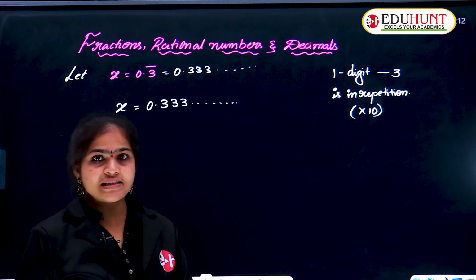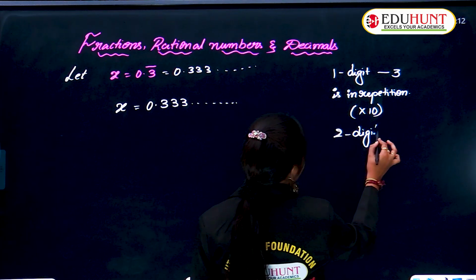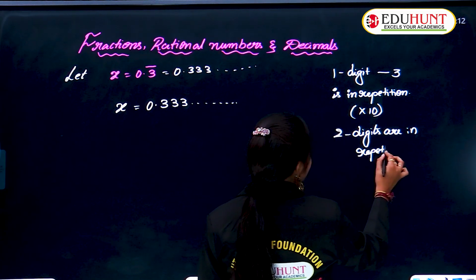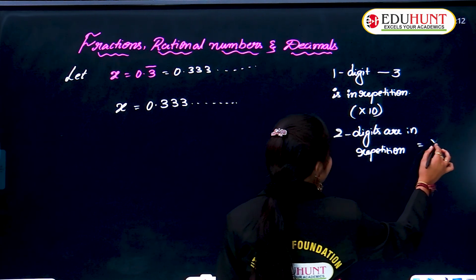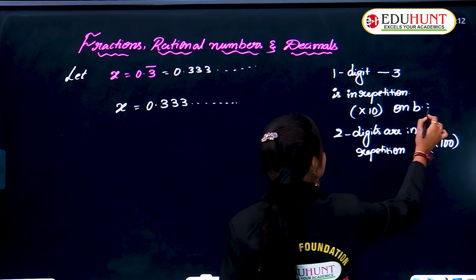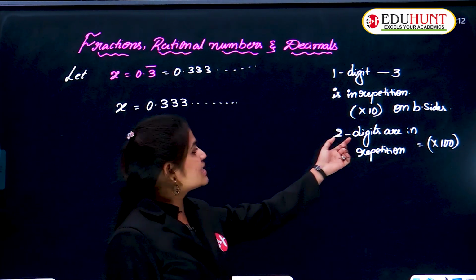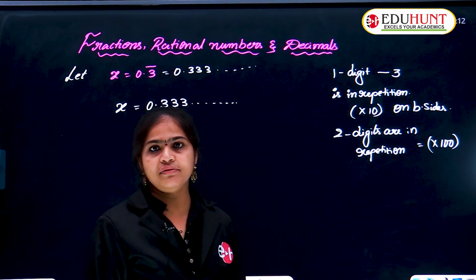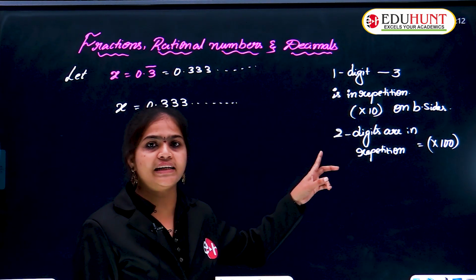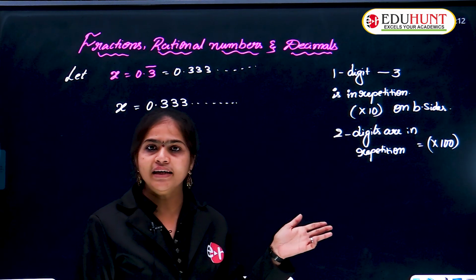For example, if 2 digits are in repetition, we should multiply by 100 on both sides of the equation. If 3 digits are in repetition, multiply by 1000.